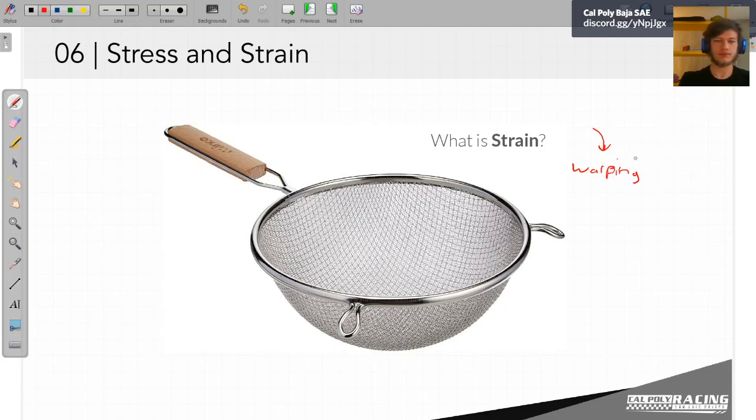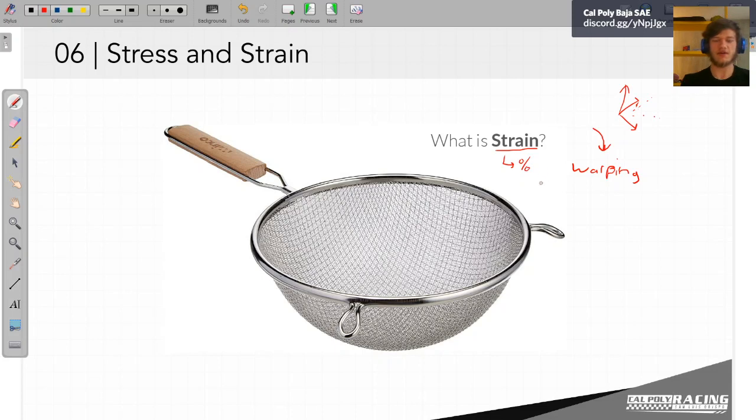Isn't strain multi-directional? Well, you could have displacements in multiple directions, right? I can draw a coordinate system and say I'm displaced in multiple directions. I'll give you a hint. Strain doesn't have units, right? It's a fraction. Is it a fraction or a percentage?